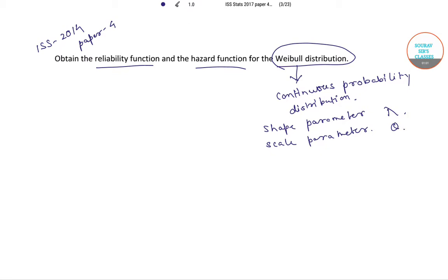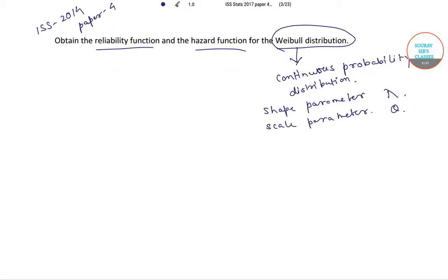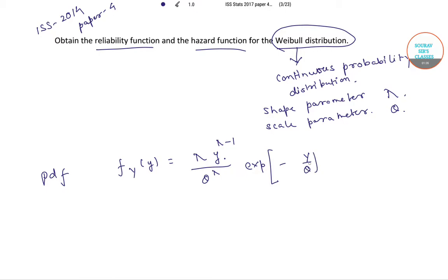theta. So its PDF, or probability distribution function, is given by f of y equals lambda into y raised to the power lambda minus 1 into theta raised to the power lambda into e raised to the power minus (y by theta) raised to the power lambda.